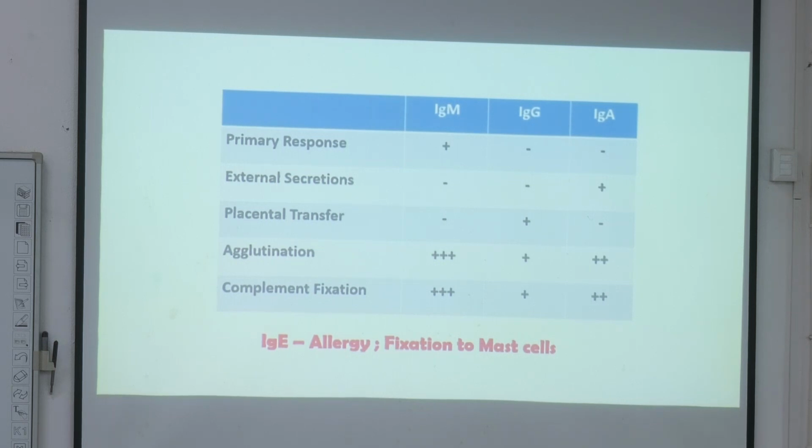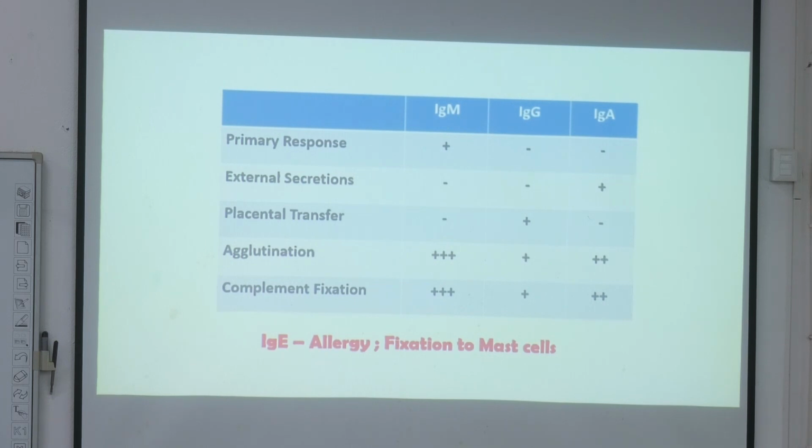Placental transfer is possible with IgG; unless the fetus gets infected, the fetus will not produce IgM antibody. Agglutination, as you have seen, IgM is pentavalent, that means one IgM can bind 10 antigens or haptens together.